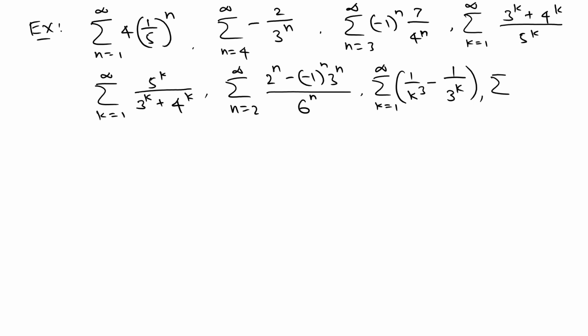Sigma n equal 2 to infinity, -1 to the n minus 1, 2 to the n minus 1, 3 to the n plus 1 over 12n, something like that.